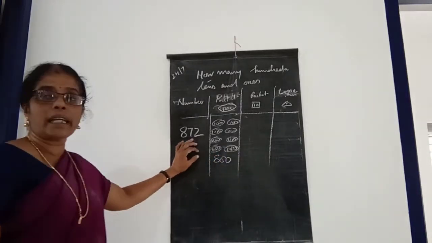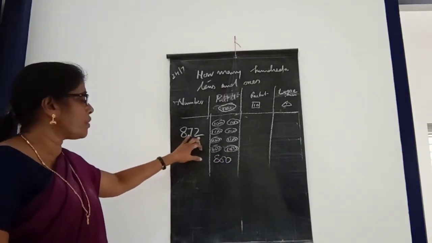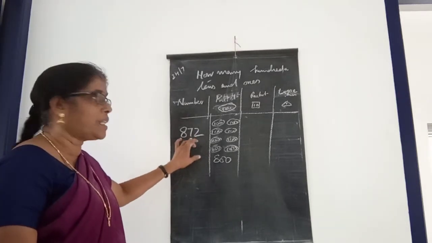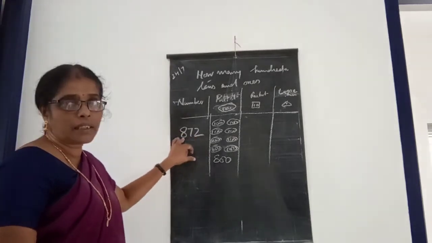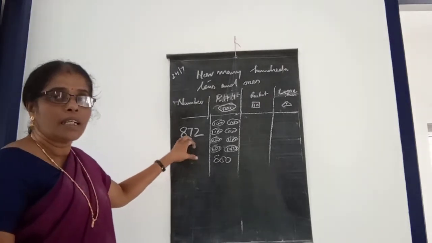And how many tens in the second place? The first one is loose items, the second place is tens, and the third place is hundreds. So how many tens? 7 tens.